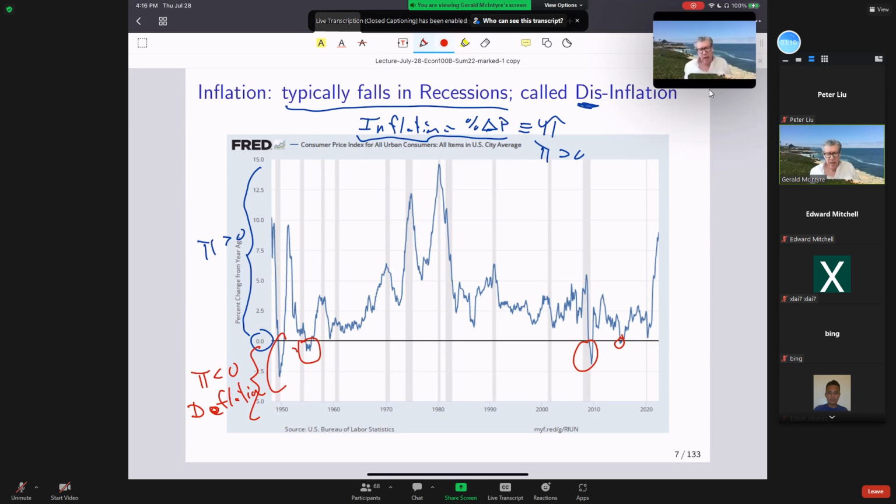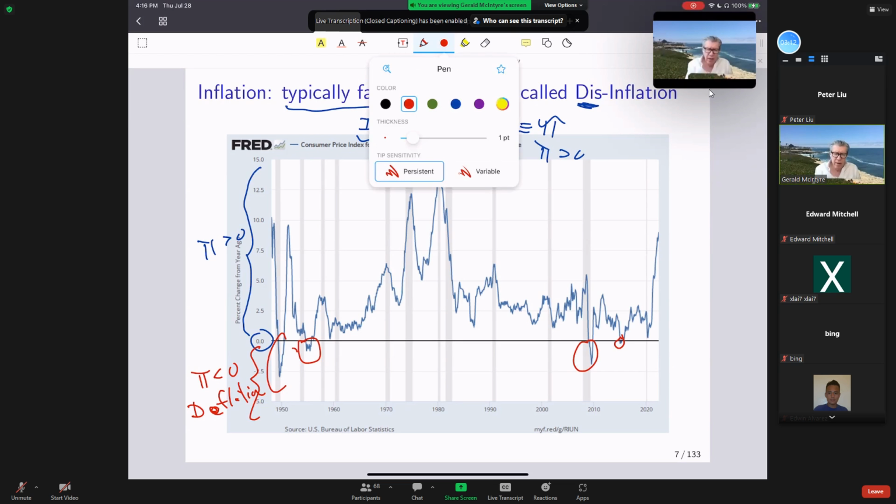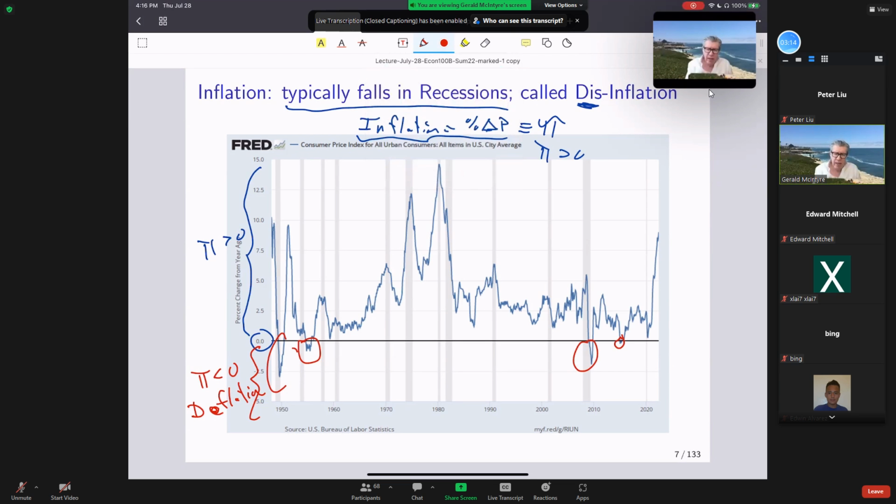Okay, but what we're talking about here is a reduction in inflation, right? Typically, inflation falls. When inflation itself falls, that's called a disinflation. And you can see a variety of disinflations on this graph. Here's a disinflation.